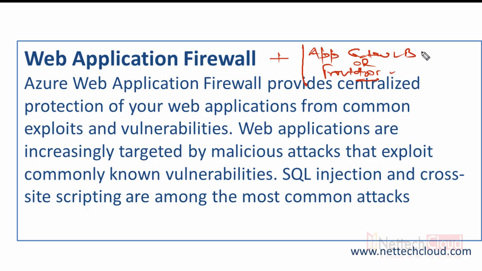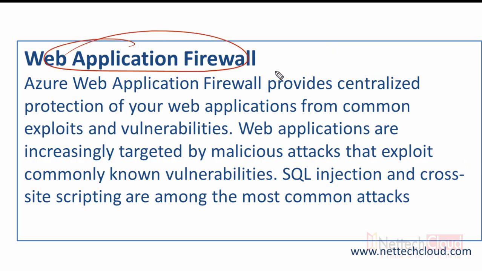And Application Gateway load balancer and Front Door both operate up to layer 7 of the OSI model, and that is the reason WAF or WAF policy can be integrated either with the Application Gateway load balancer or Azure Front Door. So WAF is basically an application layer firewall, protecting from SQL injection attacks and cross-site scripting attacks.